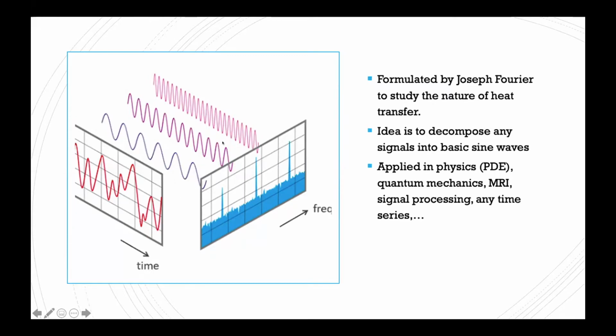It seems like for this particular signal here, we have three ingredients, three frequencies, and you can see on the Fourier domain that only those frequencies have values, and the other ones are almost zero. That is the basic idea of Fourier transform, decomposing waves into basic sine waves.